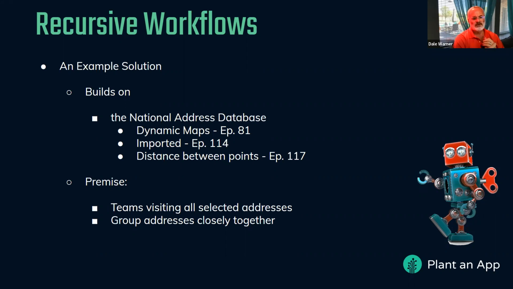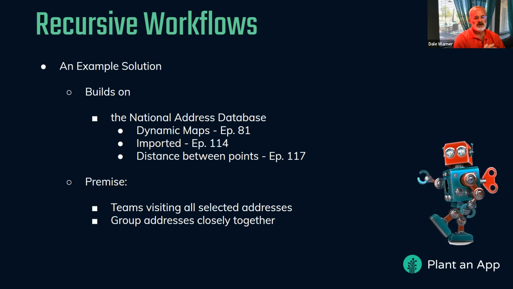The premise of what we're doing, the application that I was trying to build, is that we're sending teams of people to visit all of a selected number of addresses. This is community-based. It's a church functionality that I'm building, and so we're sending teams of people to all the addresses in a geographic area.